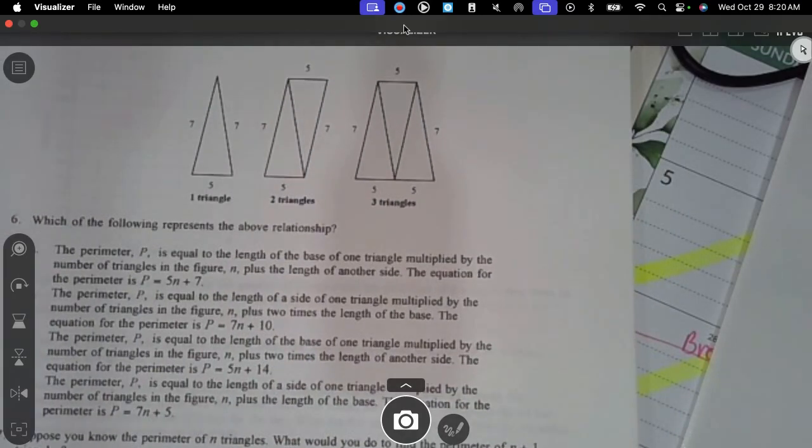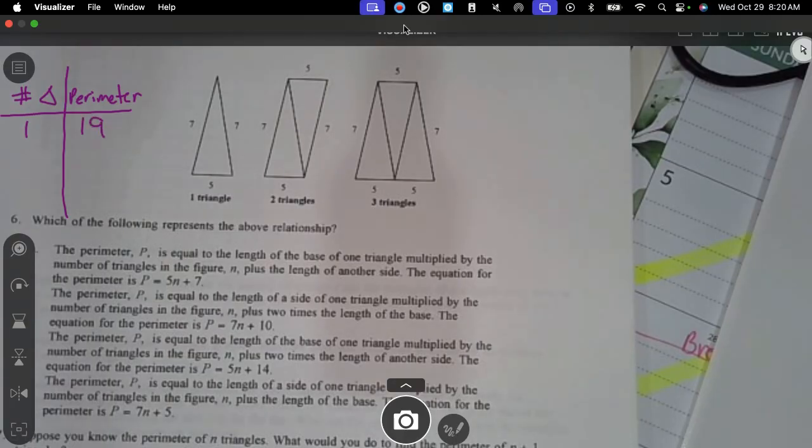Now, number 8 is our table. So I'm going to move this. The table looks like this. Number of triangles, and then the perimeter. I'm just going to write it here. One triangle, what's the perimeter of that one triangle? Is it 19? Yeah. Okay.